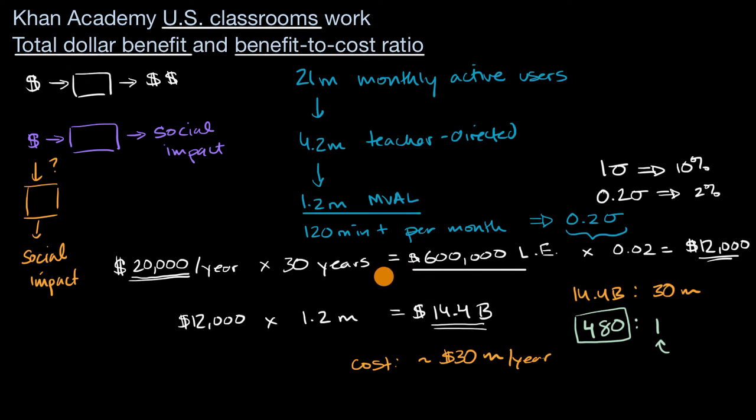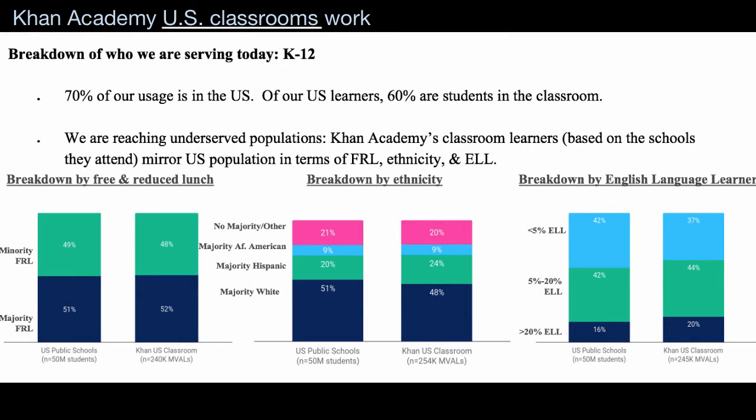But what if your focus is on underserved students, students of color, low-income students? And there we are also focused at Khan Academy. And this is a breakdown of Khan Academy's usage compared to just the general demographics of U.S. public schools. And as you can see, if you break down by free and reduced lunch, we're actually slightly overrepresented in free and reduced lunch in our classroom usage.